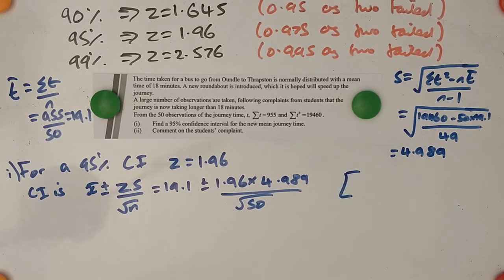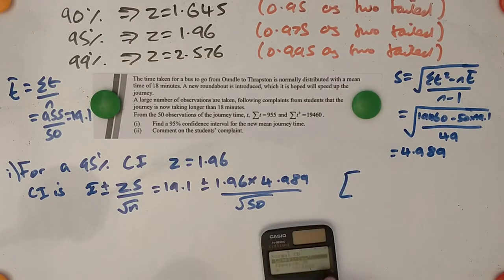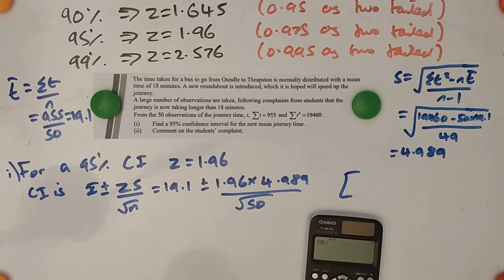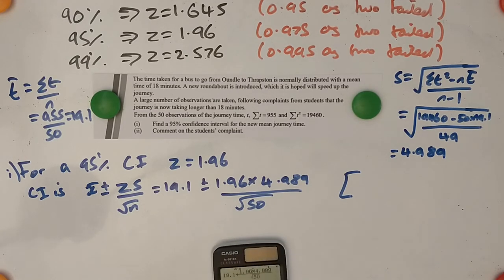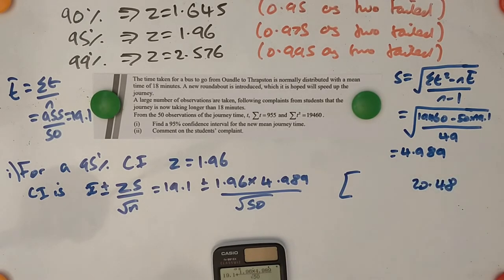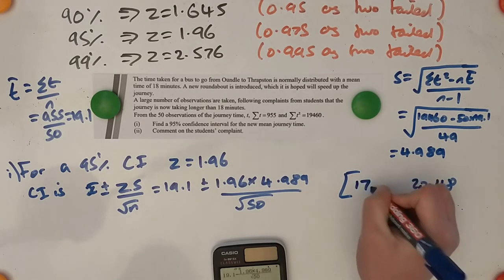This gives me 20.48 for my upper value, and for my lower value I've got 17.71.